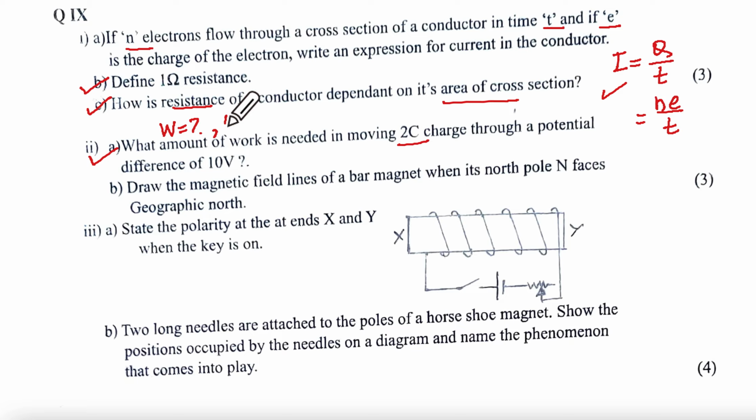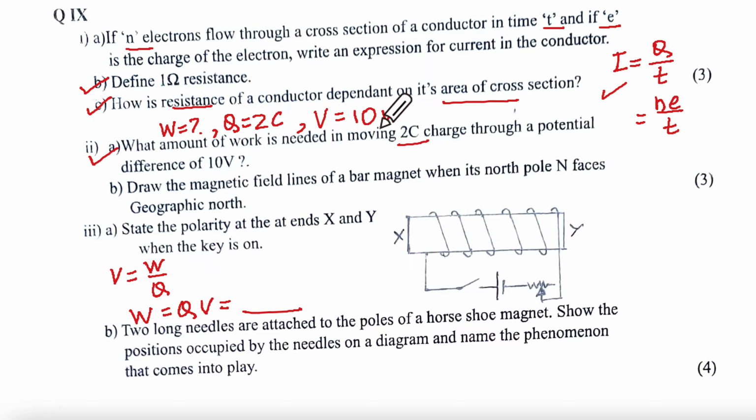The charge is Q, which is 2 coulombs, and the potential difference V is 10 volts. What is the relation over here? V is equal to W upon Q, correct? Yes, ma'am. So they are saying work done will be equal to Q into V. Multiply and get it.